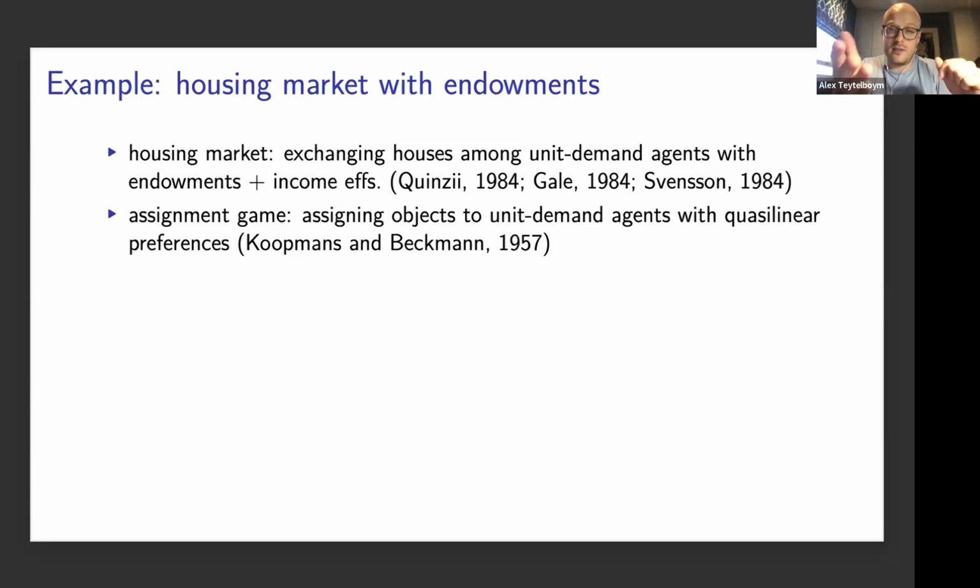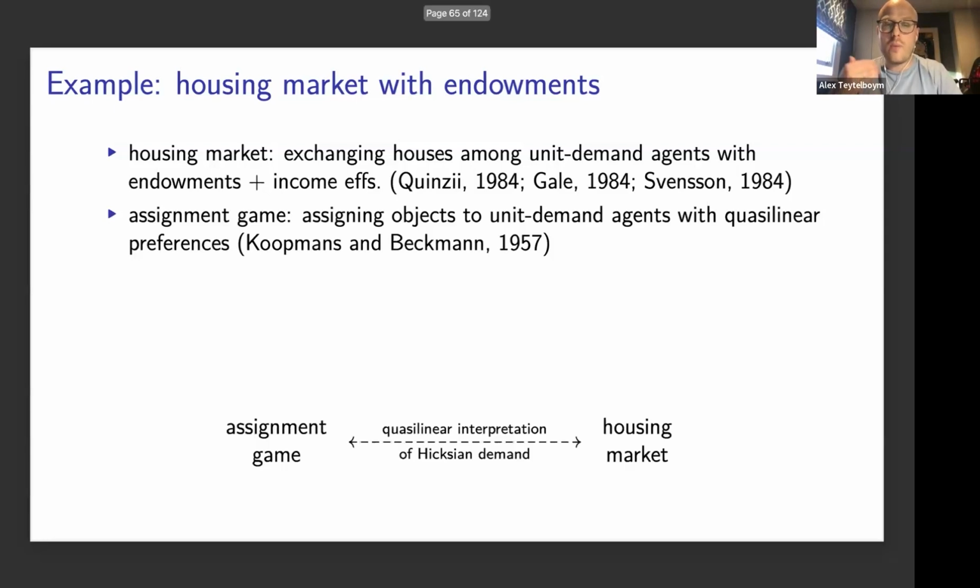This model is due to these three papers by Quinzii, Gale, and Svensson. The other case is one in which money enters linearly, which I think is very familiar to people on this call, what's called the assignment game. Okay, so I value a house at 300 and I've paid something for it. My utility is just the valuation of the house minus what I pay for it, right? So the analysis of the assignment game is, of course, very well understood.